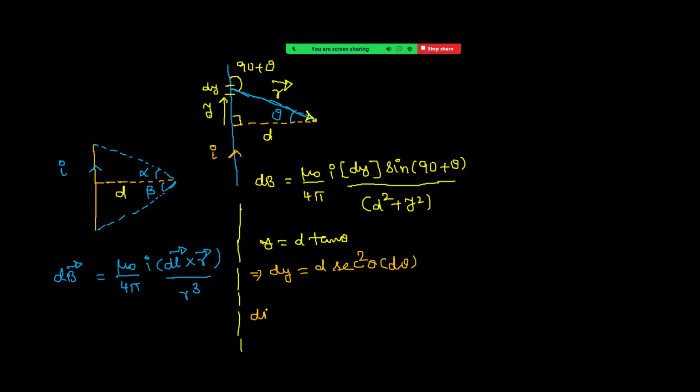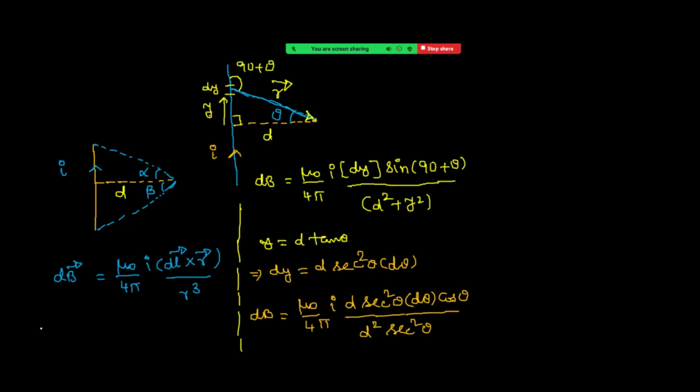See what we get here. dB equals mu naught upon 4 pi I, in the place of dy, d secant square theta d theta, sine of 90 plus theta, that is cos theta, upon d square secant square theta, right?